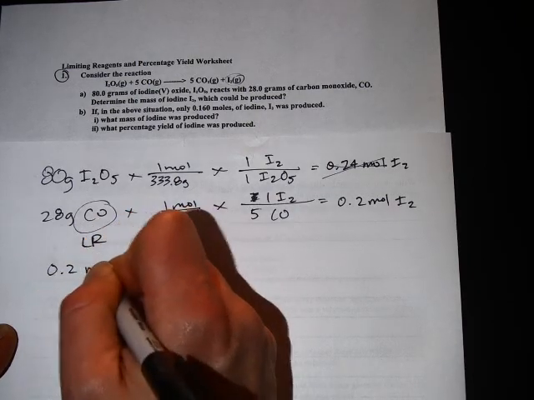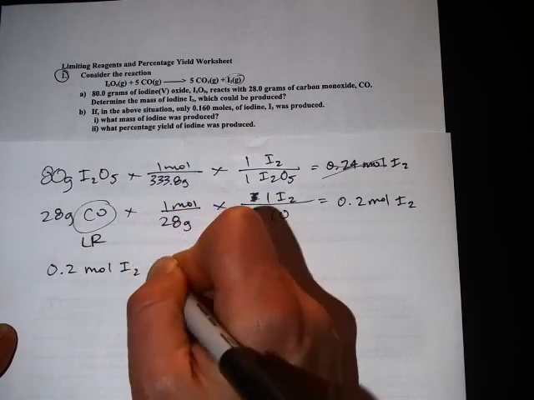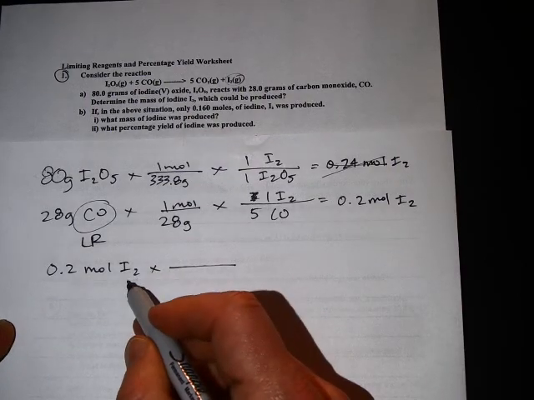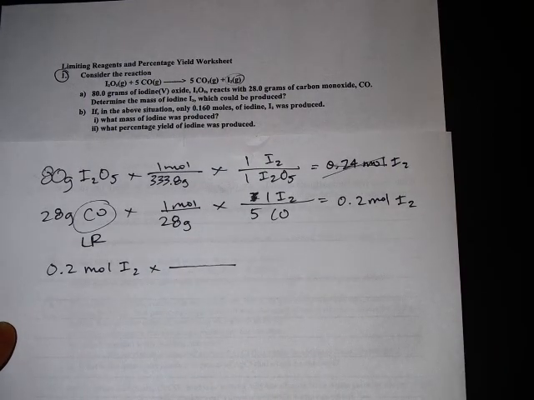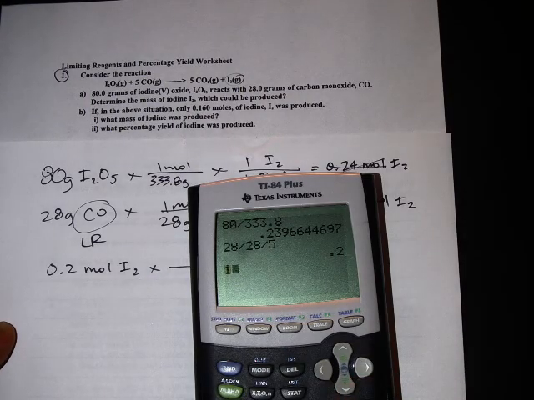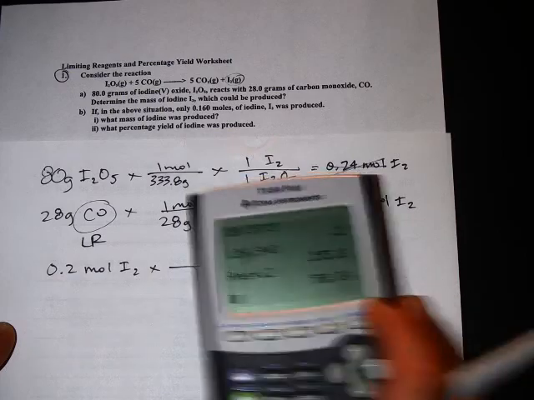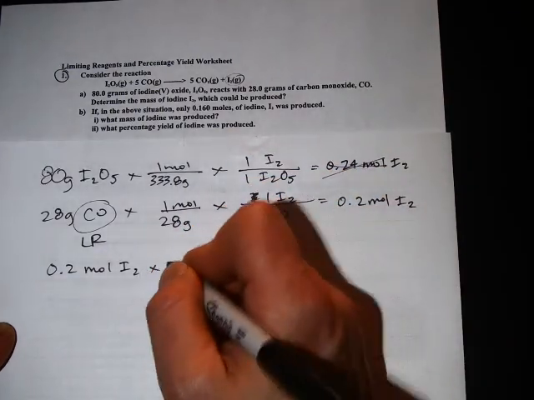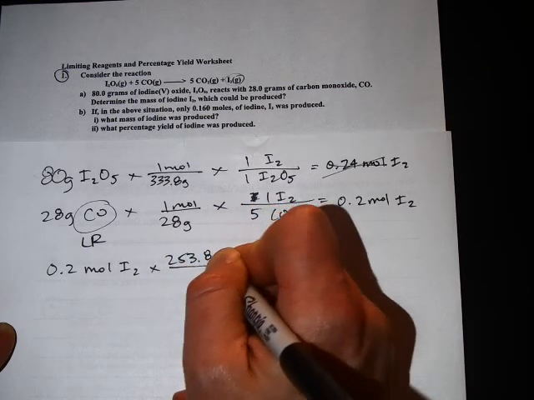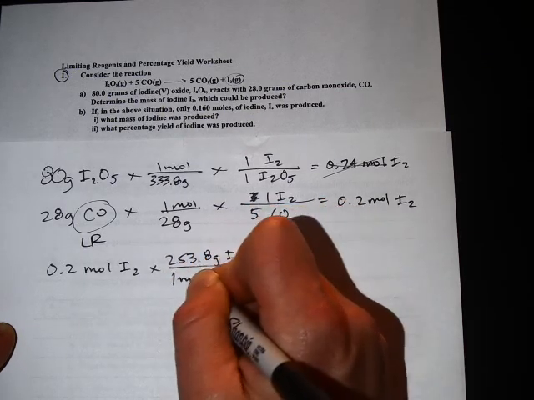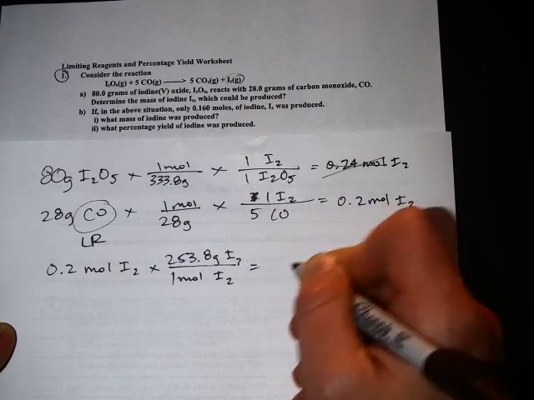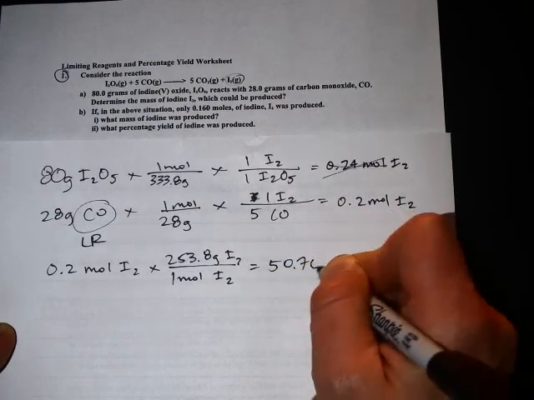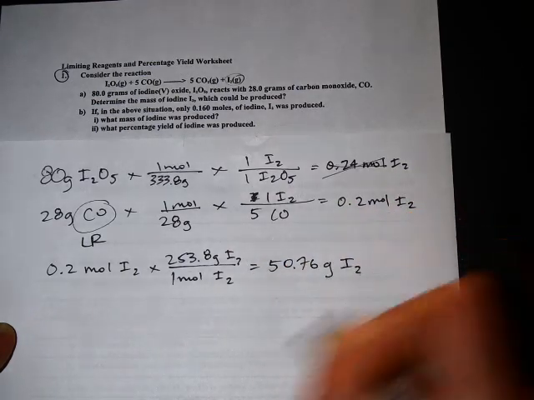Take your 0.2 moles and multiply by the molar mass of iodine. It's I2, so you've got to double it. So 126.9 times 2 is 253.8, and multiply that by 0.2, and your answer is 50.76 grams of iodine.